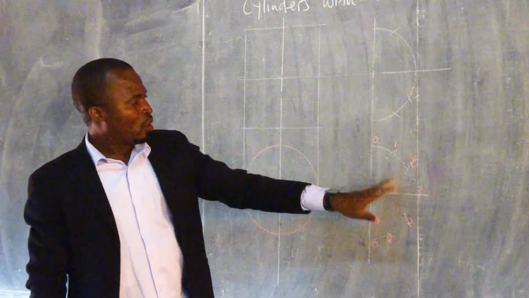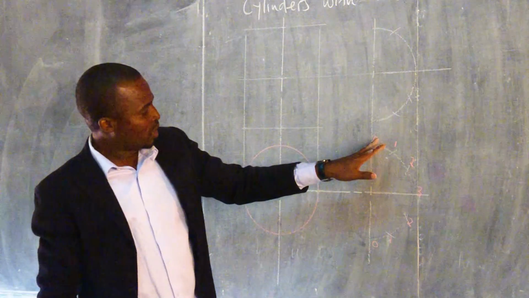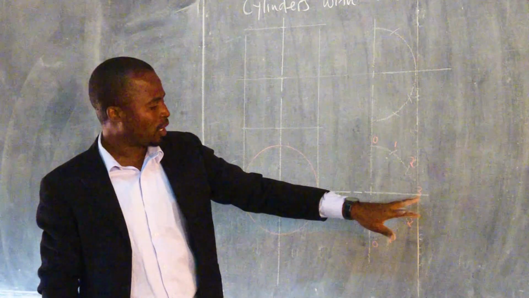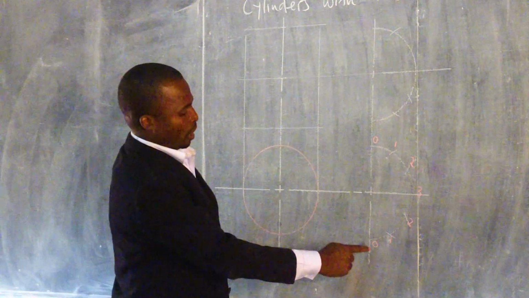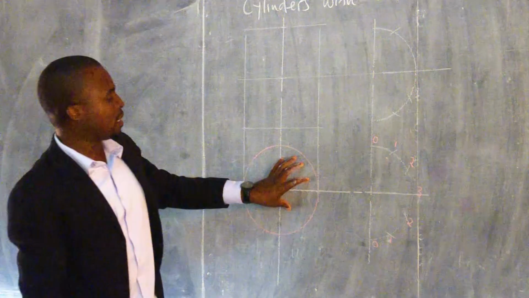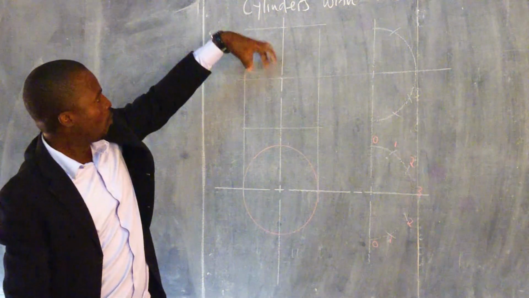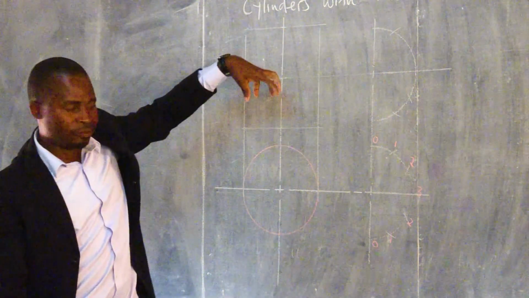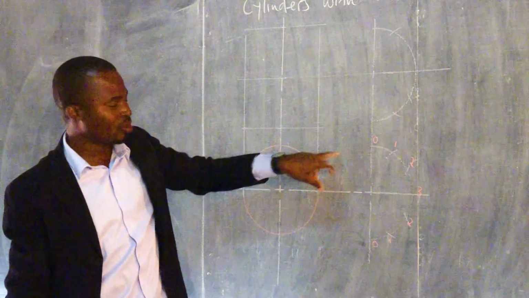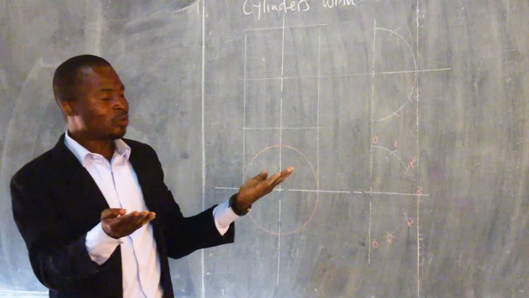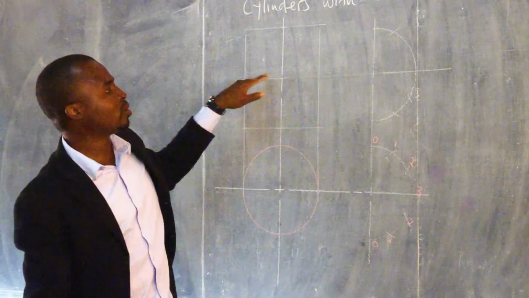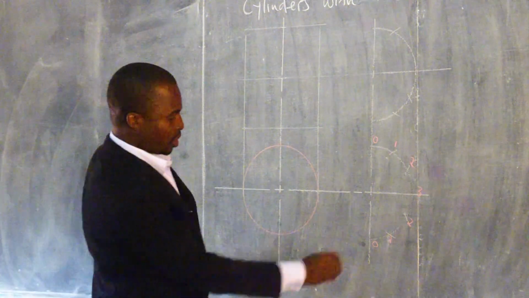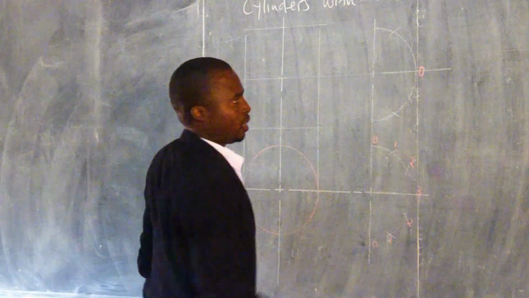Now, here is where the tricky part is. When you've numbered, you've started with 0 here, 1, 2, 3, and then 2, 1, 0. Here now, this 0, since you are looking at it directly, these zeros will be here.